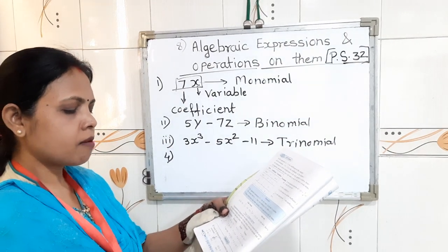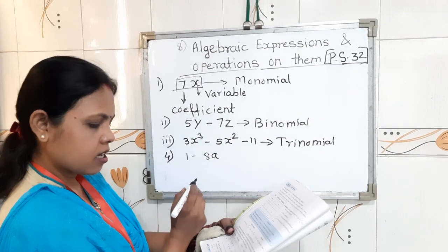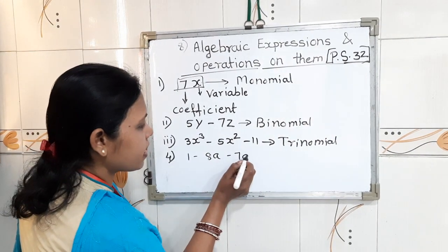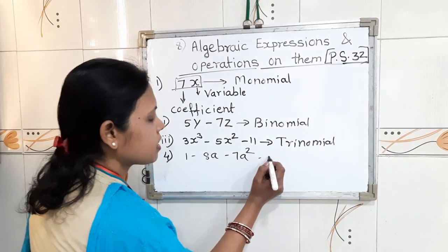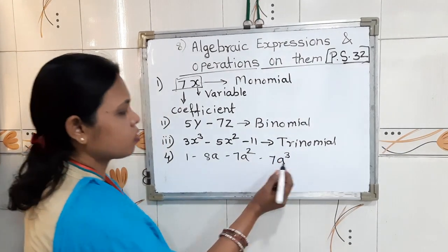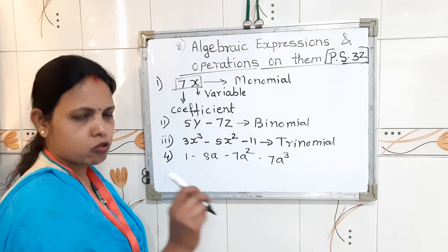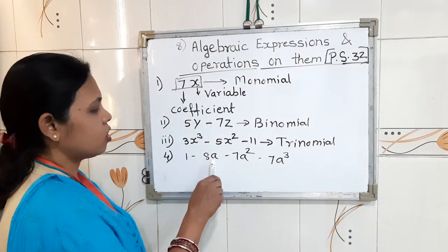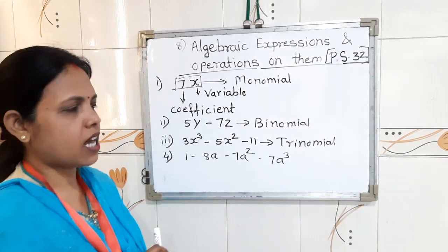Now question number four: 1 minus 8a minus 7a square minus 7a cube. Here how many terms are there? First we will count: 1, 2, 3, 4. Total 4 terms are there.